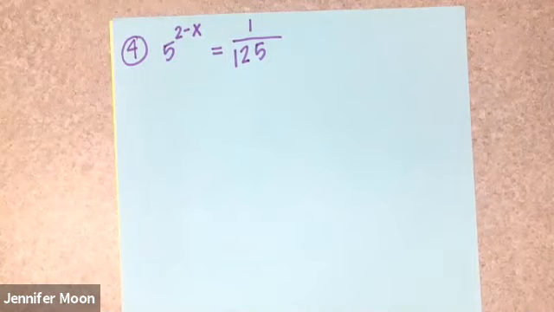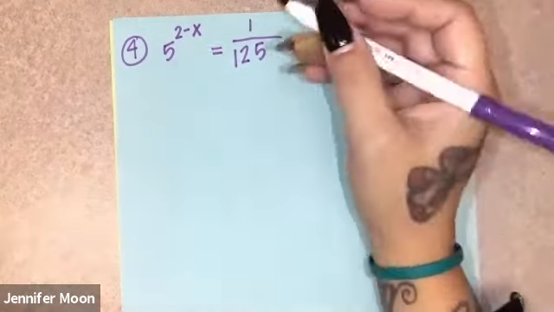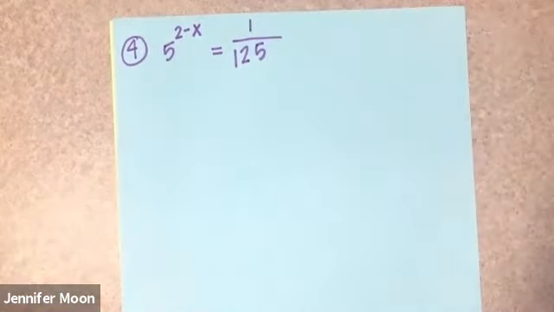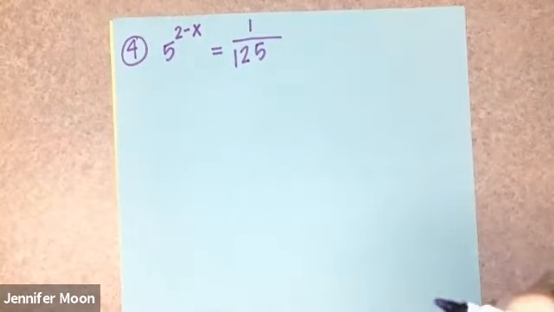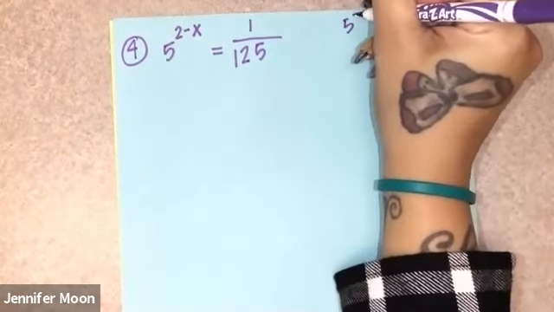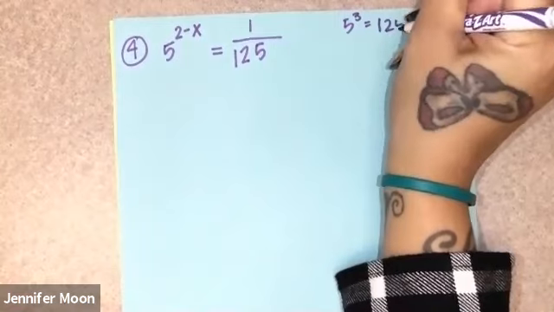So notice that smallest number on the left-hand side, that's a 5. Ideally, I can write the right-hand side also with the base of 5. I know that 5 cubed equals 125.